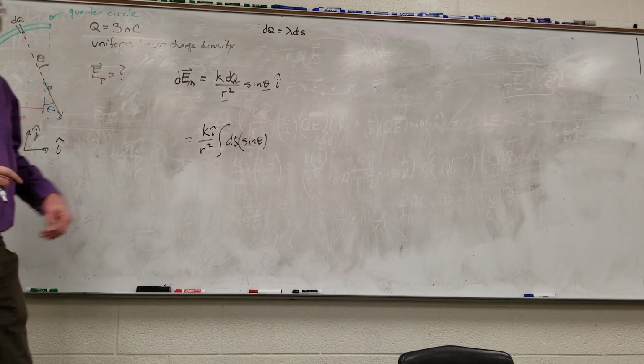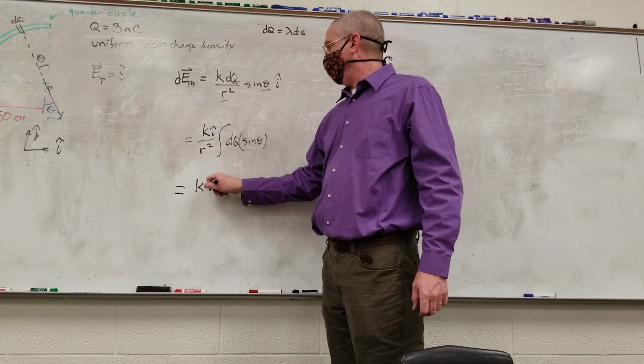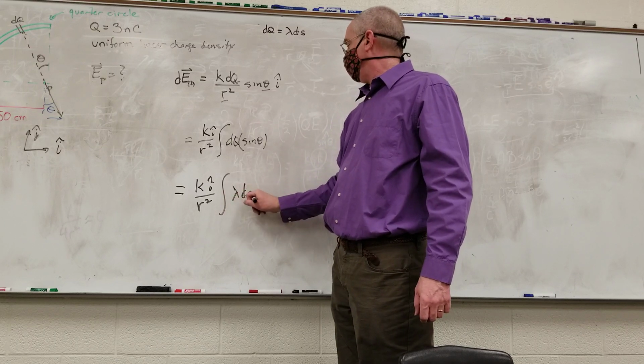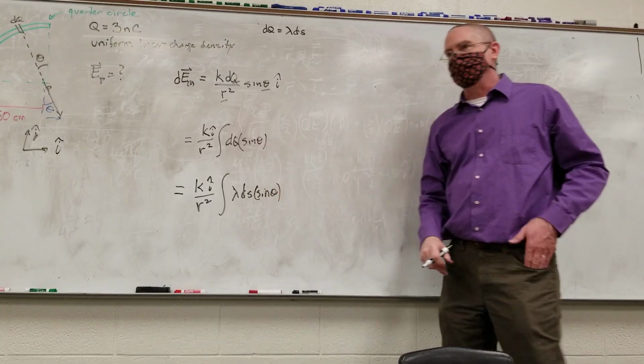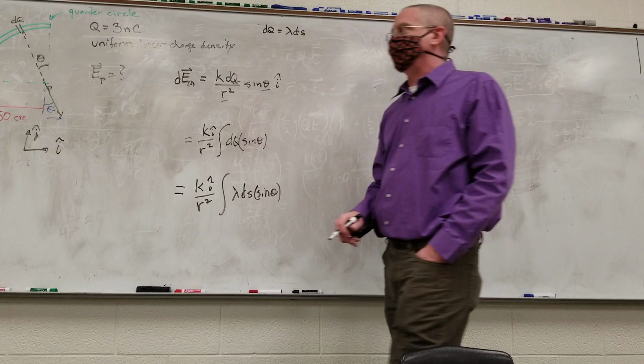Now that doesn't get it into a single variable quite yet, but I have K i hat over R squared, integral of lambda ds sine theta. Still have two variables, but I do have a relationship between S and theta.